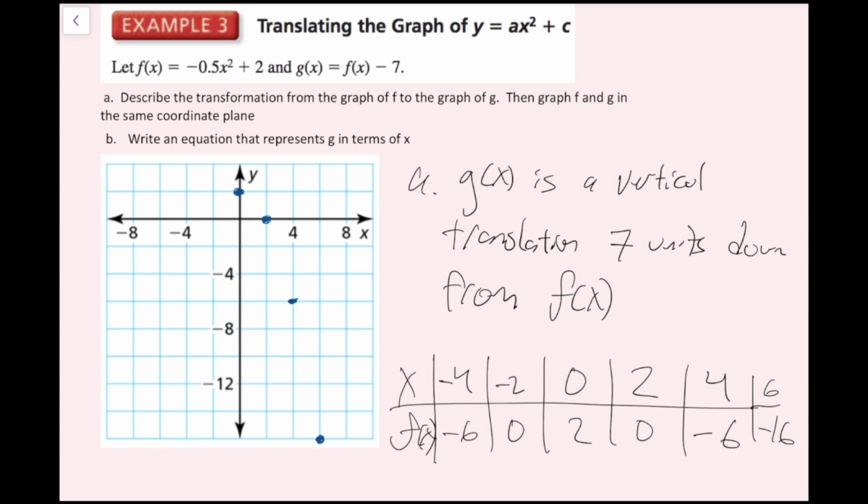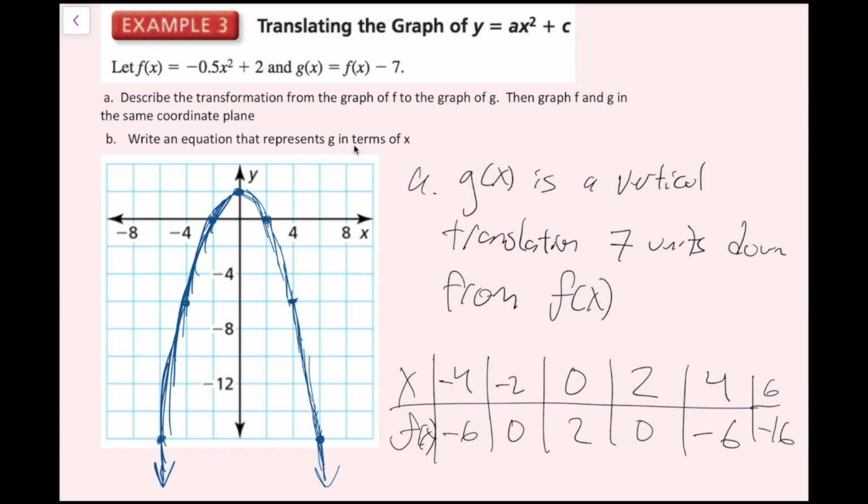And then over here, I'll just plot the symmetrical points from my axis of symmetry, which in this case is the y-axis. Now I'll sketch my curve. All right, so there's my sketch of f of x.